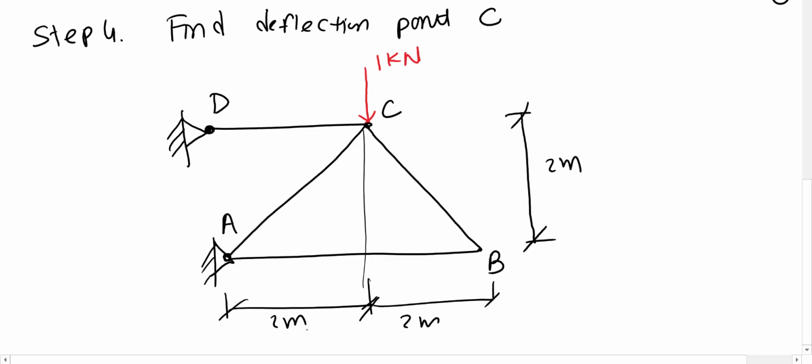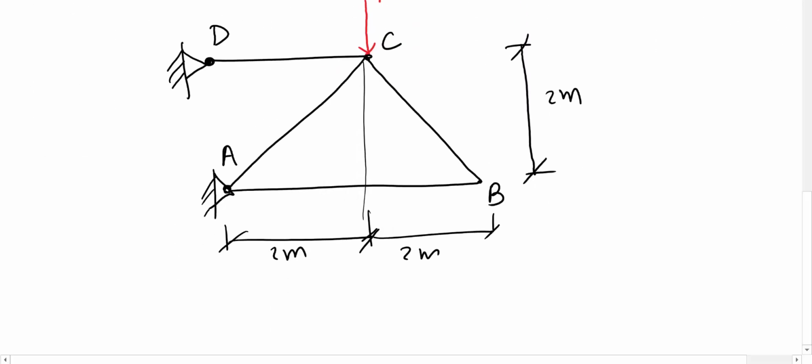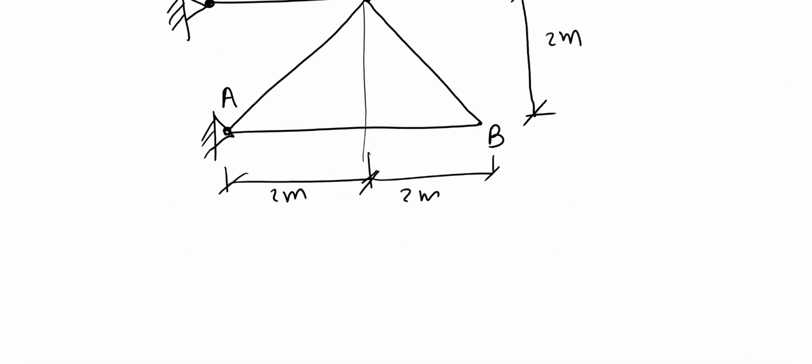Now step number 2, we need to calculate the internal forces in all the members due to this virtual load. So we can use the joint method. Let's say we use joint A, or let's put the joint B first. That's the easy one.